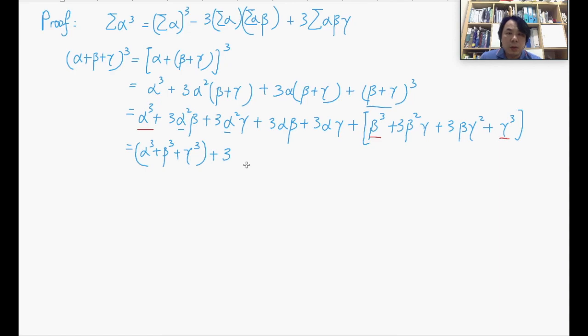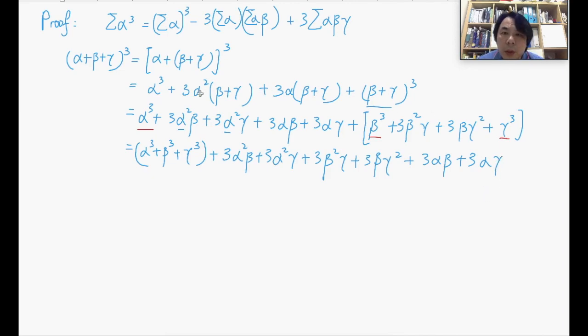Now in this case we can have, let me rewrite that. Then here we have, and then the rest of this you will have 3 alpha beta plus 3 gamma here.